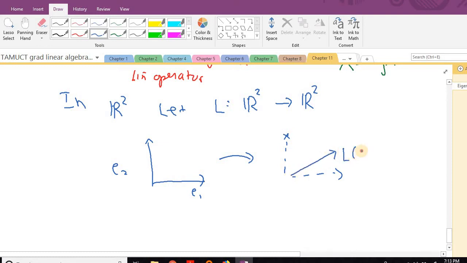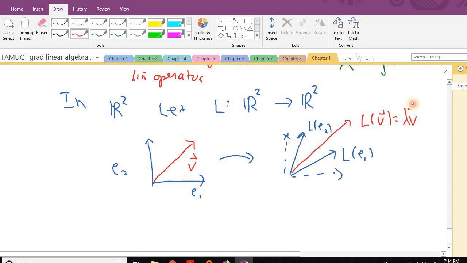This is L of E1 and L of E2. And let's say this is some vector in the middle. Let me call this V. Then here you're going to say L of V is equal to some constant times V.